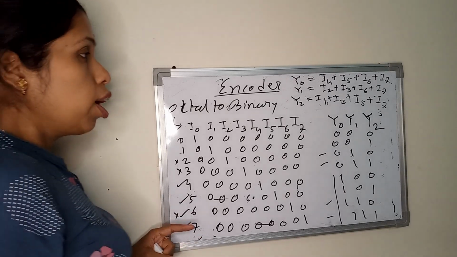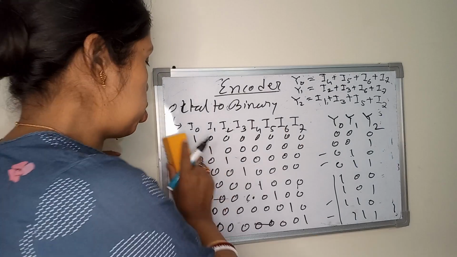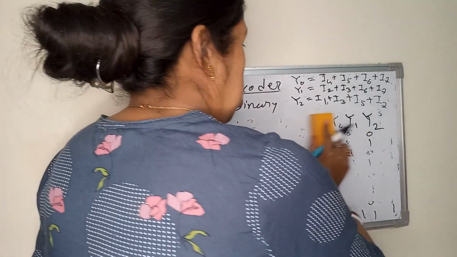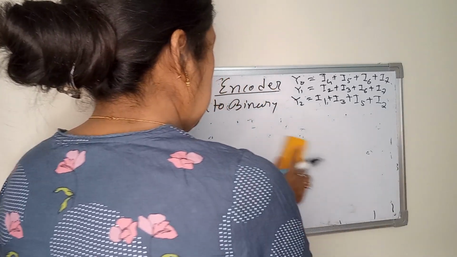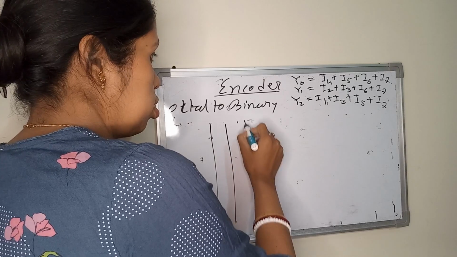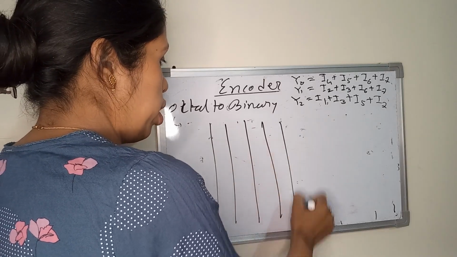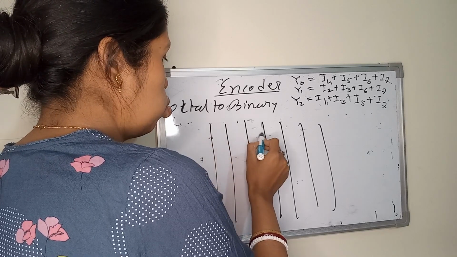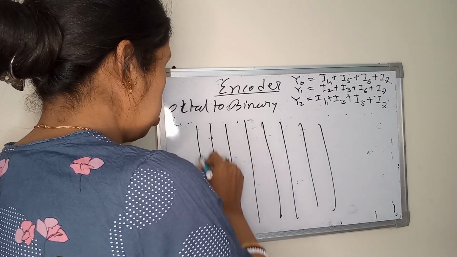Now how will we draw this logical expression? I'm drawing it now. You can see 0, 1, 2, 3, 4, 5, 6, 7.